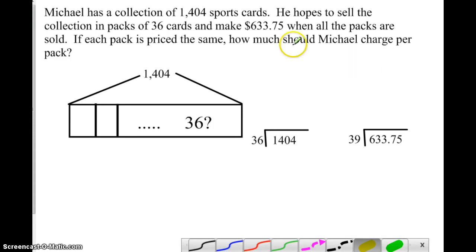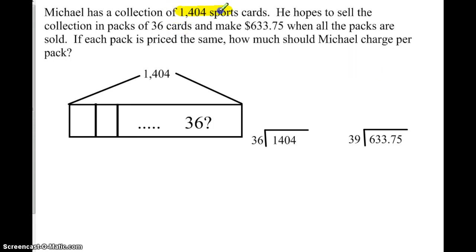Okay, so here's our information. We have 1,404 sports cards total. So that's our whole tape diagram, our whole bar. He hopes to sell the packs with 36 cards per pack, so we don't know how many packs. Do you guys understand that?